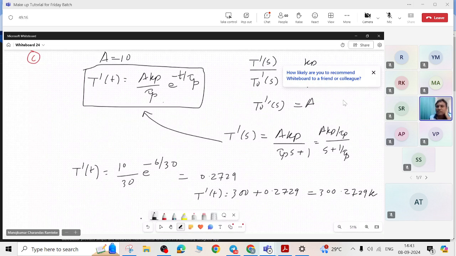So for a pulse input, calculate again and see what you get. For a pulse input, anyone?